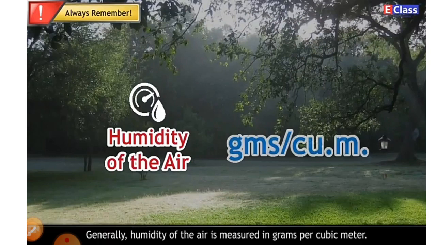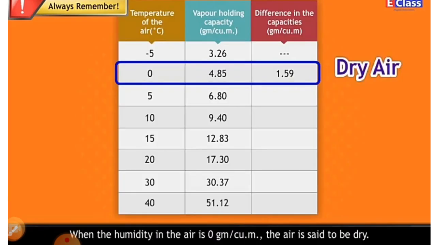generally humidity of the air is measured in grams per cubic meter. When the humidity in the air is 0 gram per cubic meter, the air is said to be dry.